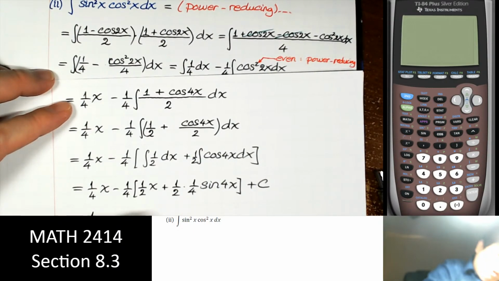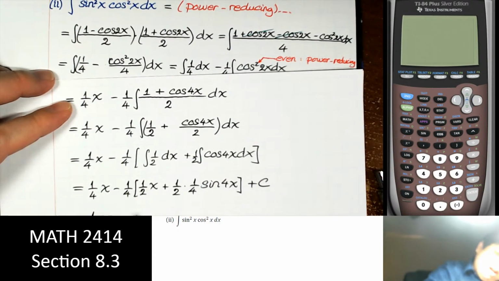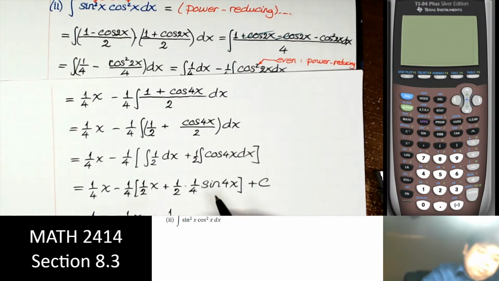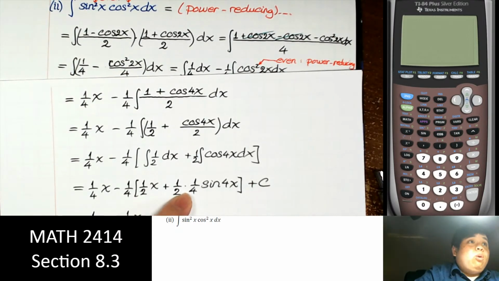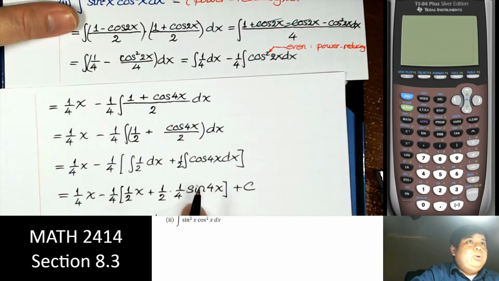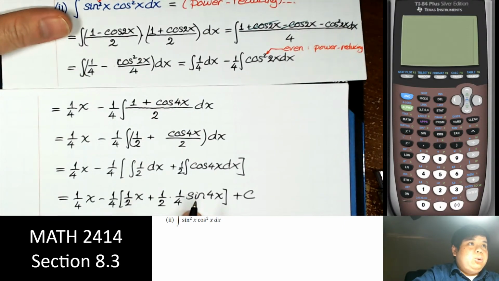One fourth x minus 1/2 times 1/4, 1/8 x, minus this, and minus 1 over 4 times 4, 16, and 2, 16 times 2, 32.